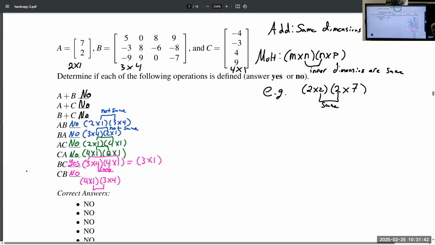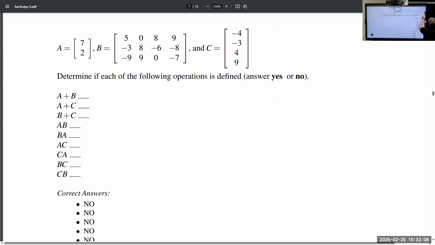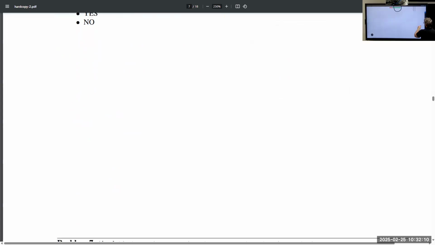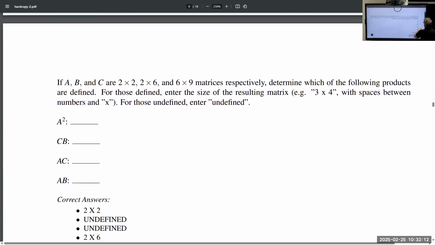With addition or subtraction, and subtraction with matrices is really just addition again, they have to be the exact same dimensions, otherwise they're not defined. But we're going to get practice with actually multiplying them, not just discussing whether or not it theoretically makes sense.